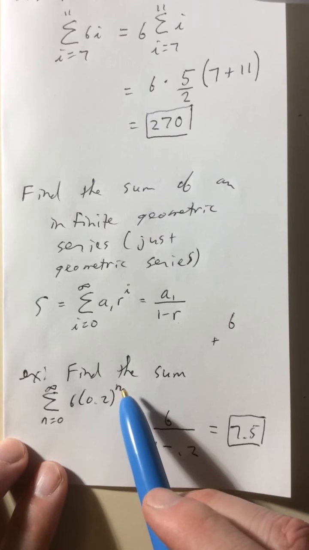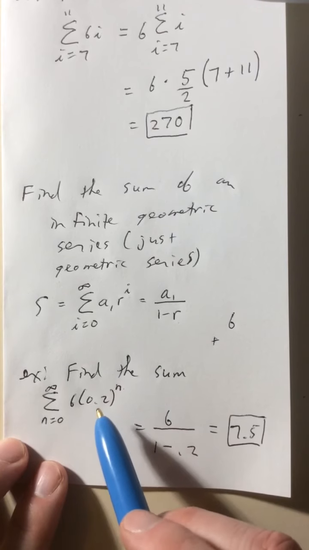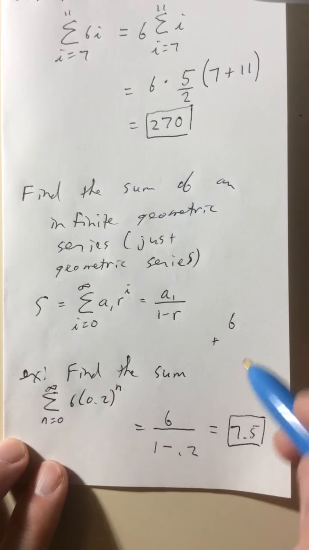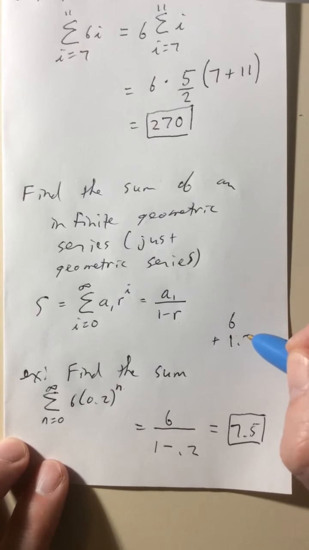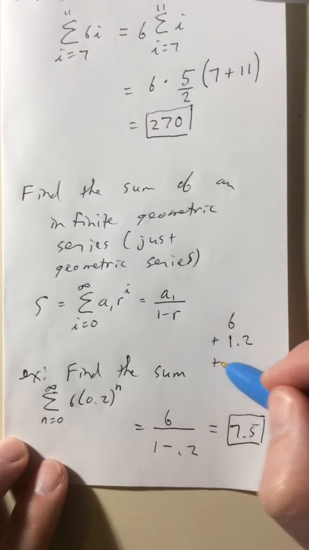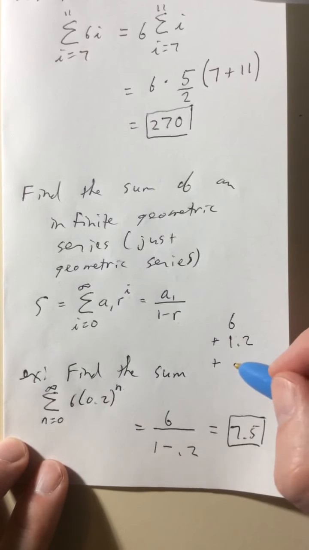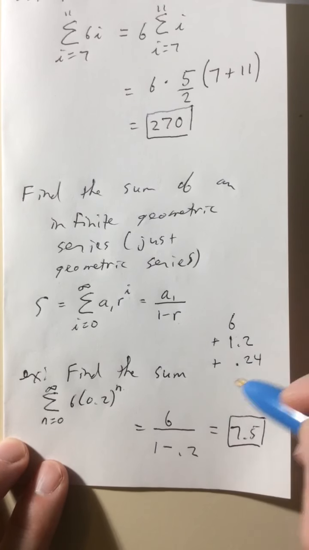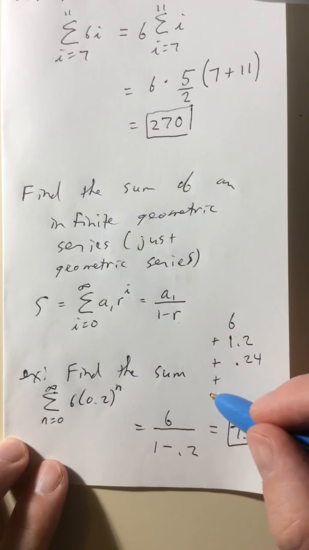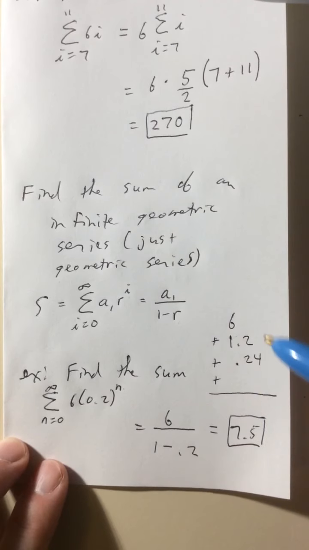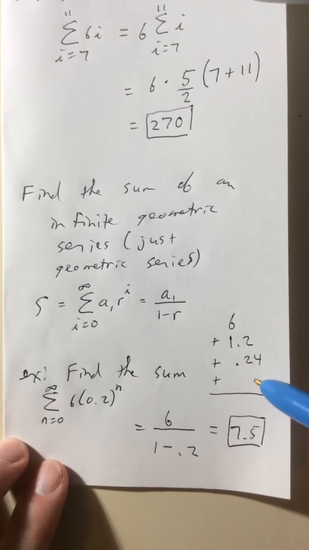So 0.2 to the first power is 0.2. So 6 times 0.2 is 1.2. And then we're going to add on 1.2 times 0.2, which is 0.24. And we're going to keep doing that. And so 6 plus 1.2 is 7.2, 7.44, and so on.